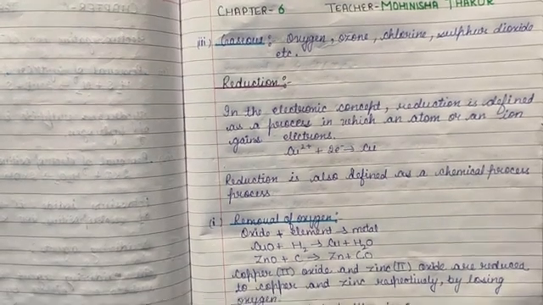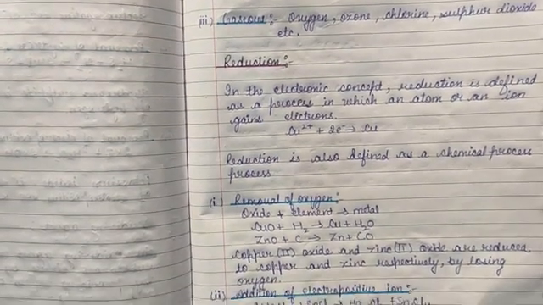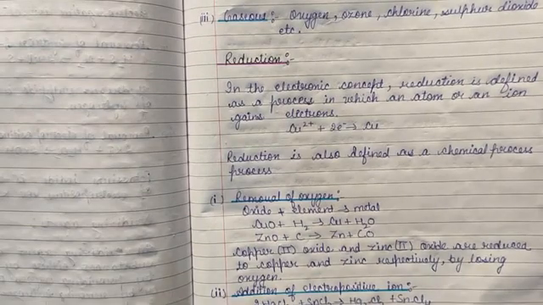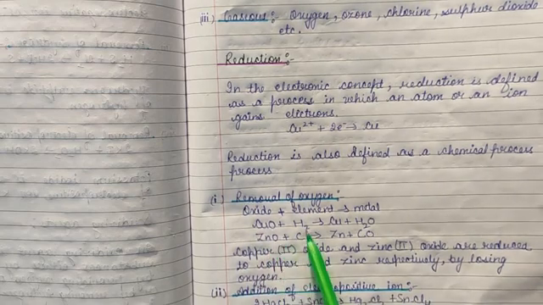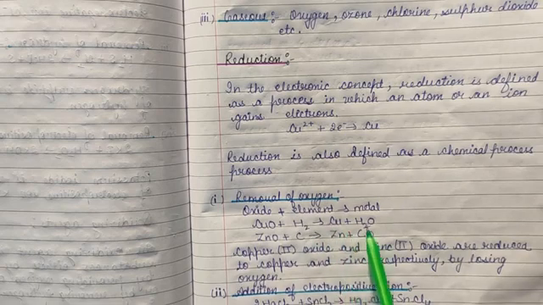So we will discuss the first process, which is the removal of oxygen. In this reaction, whenever an oxide reacts with an element, it will give a metal. For example, CuO, which is copper oxide, on reacting with hydrogen will give Cu plus H2O.